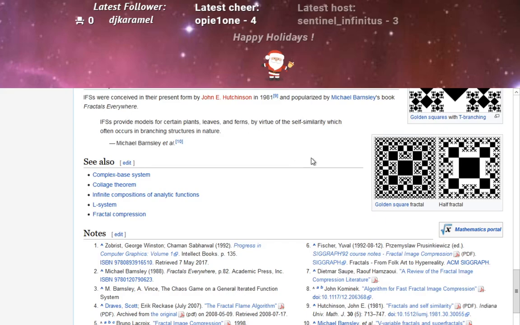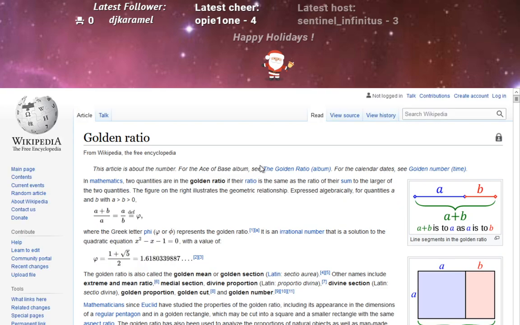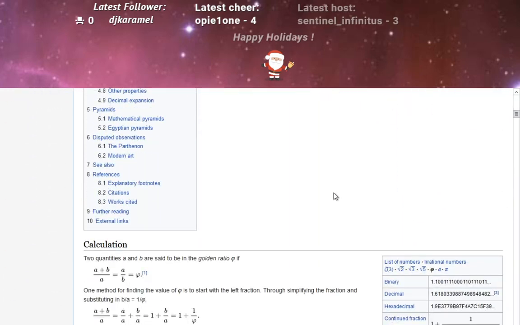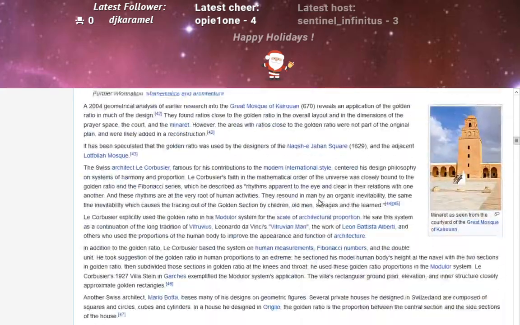A golden square fractal. Huh. This is the number phi. And they made a fractal out of this? How do they do that? I don't know.